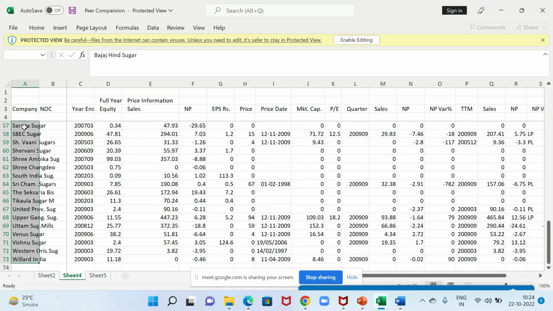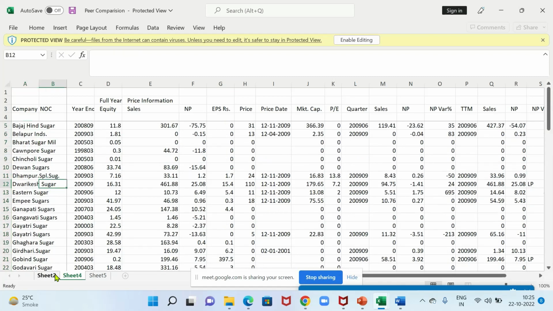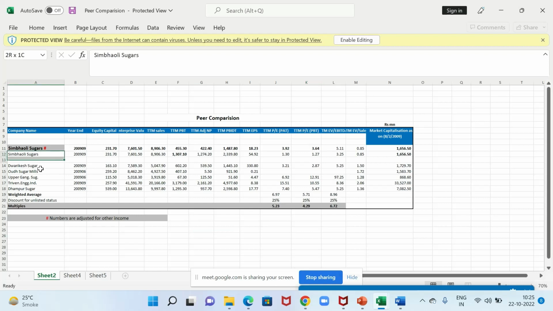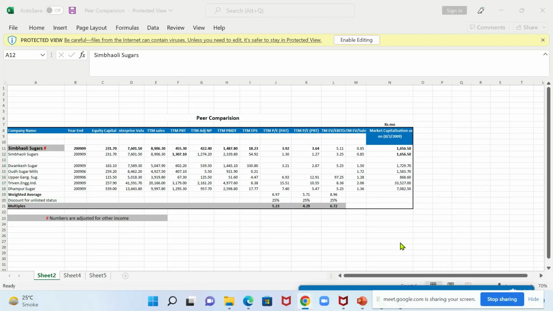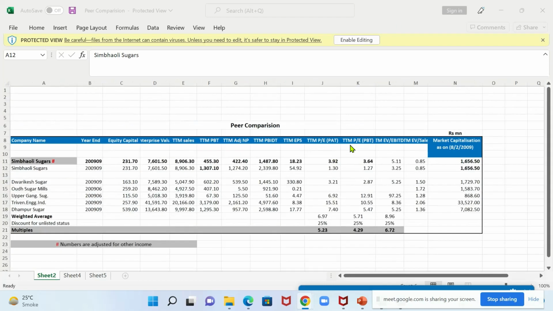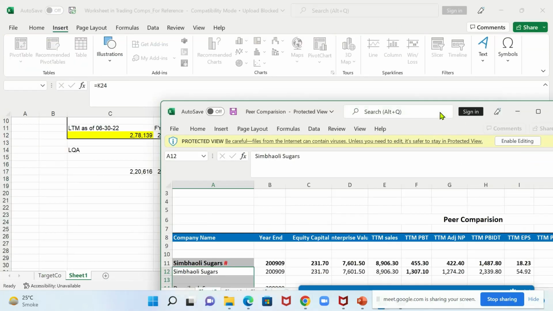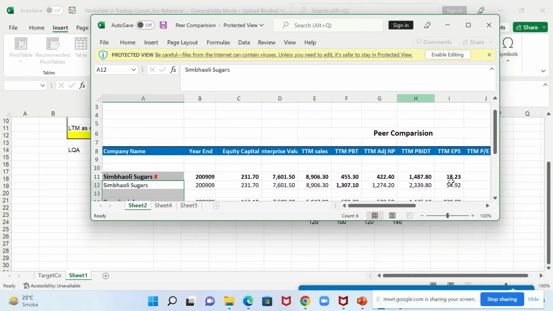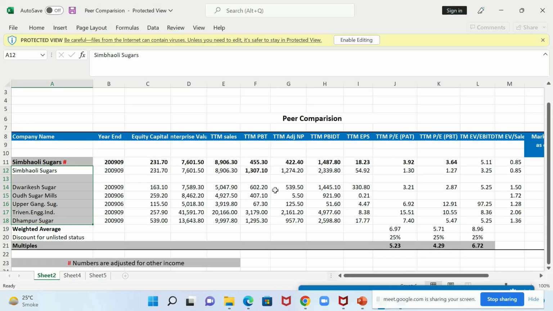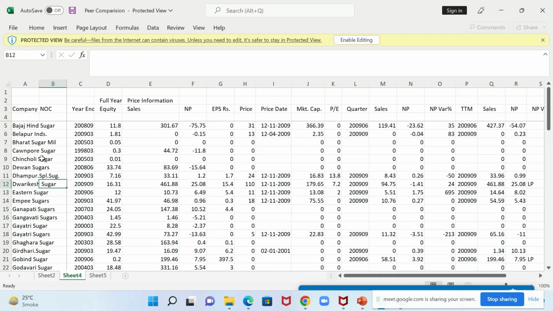I got how many? 73. Roughly 70 odd companies. Out of that, I only chose these many companies, from where we can take the data of these comparable companies.